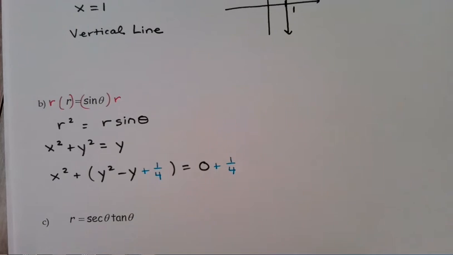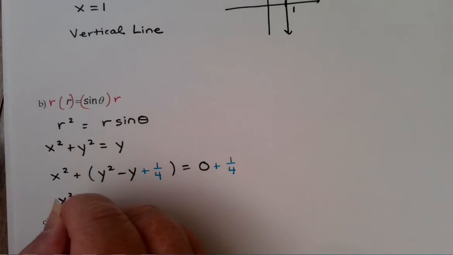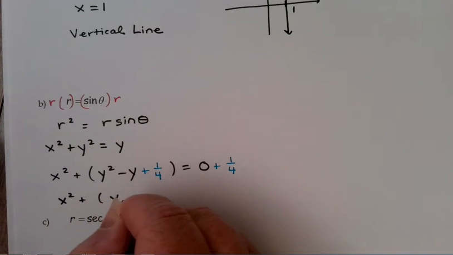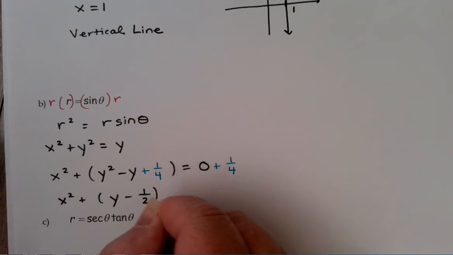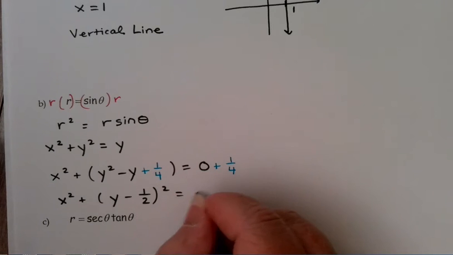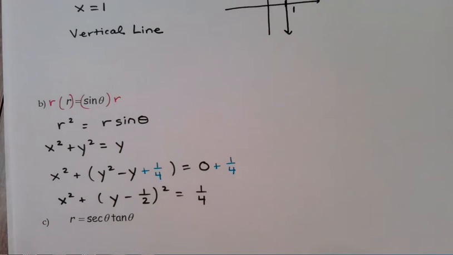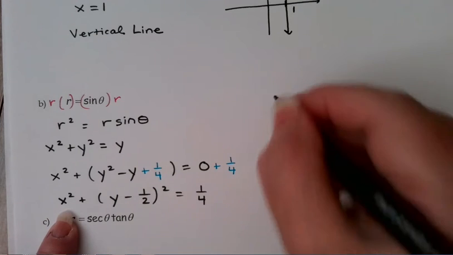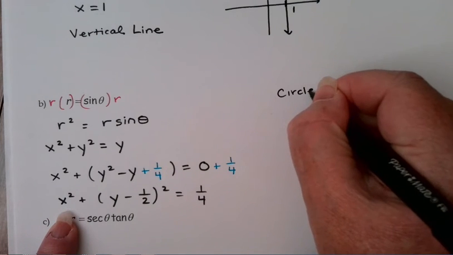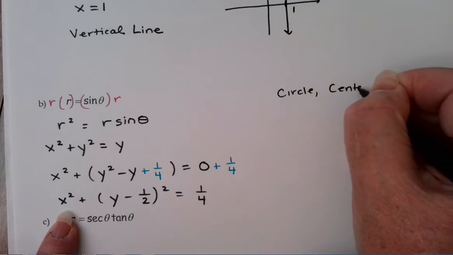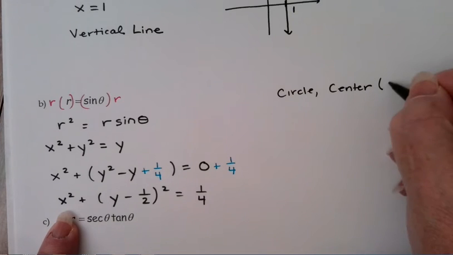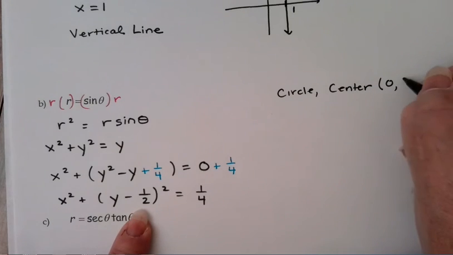So my equation is now x squared plus y minus a half, all squared, equals a fourth. What is that? That is a circle. The center would have x still 0, but y would be 1/2.